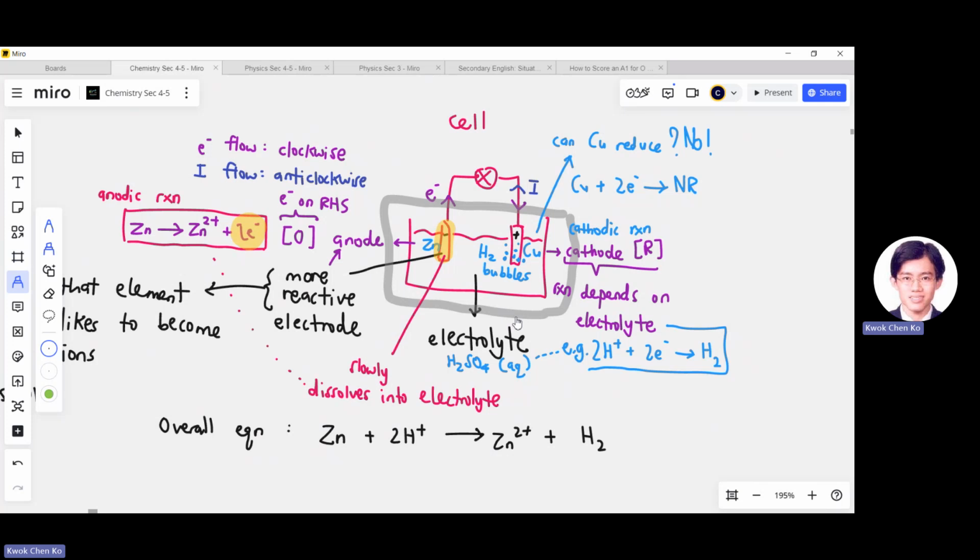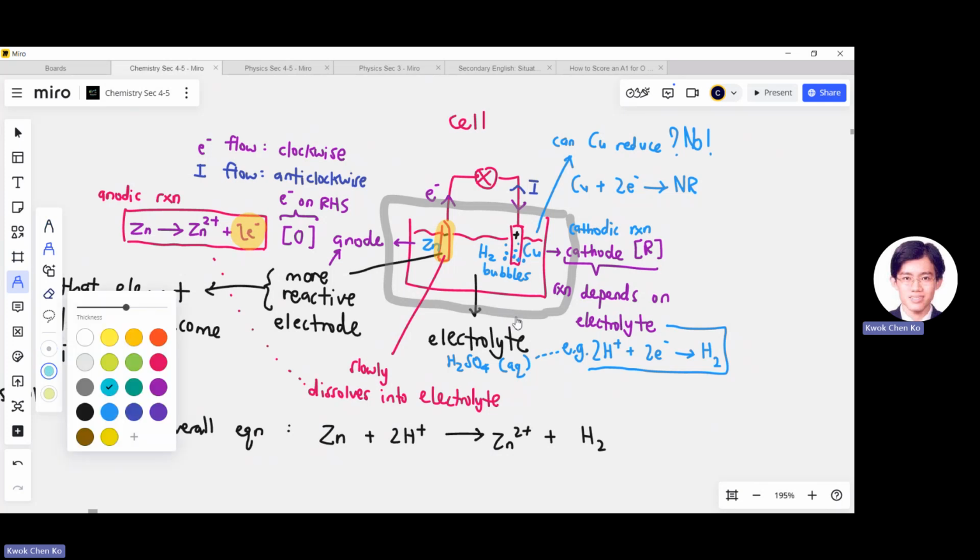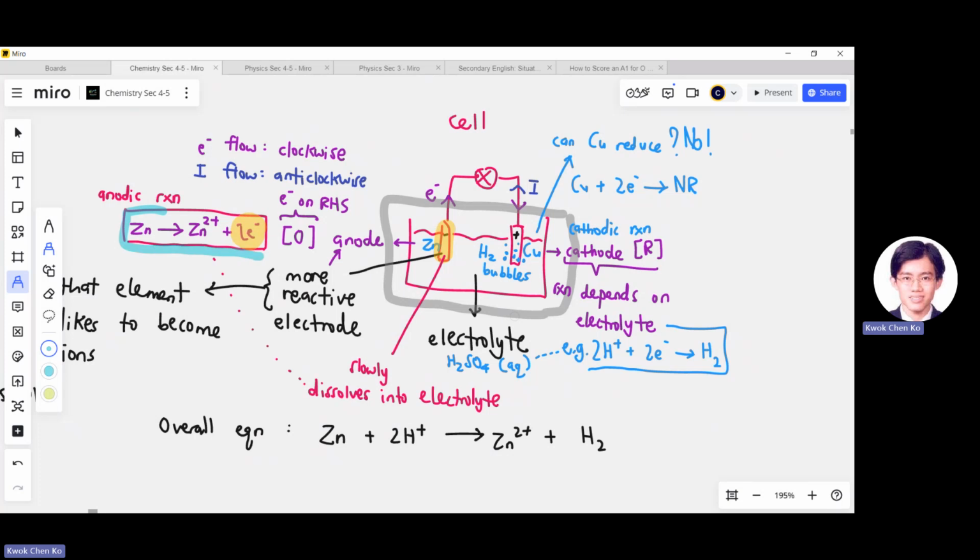So basically I combine this equation and this equation here, getting rid of the electrons. You will get this, an ionic equation.